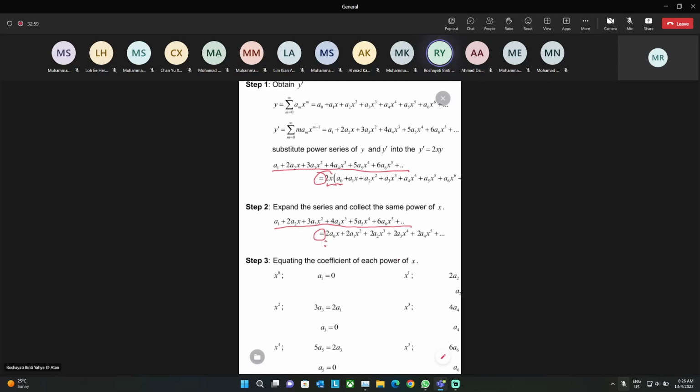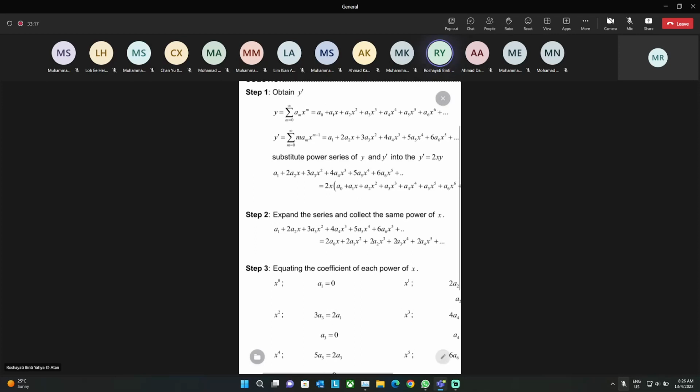So a0x, and then the second one becomes a1x squared, because x multiplied by x. After that, here a2x cubed, until dot dot dot. Any questions?